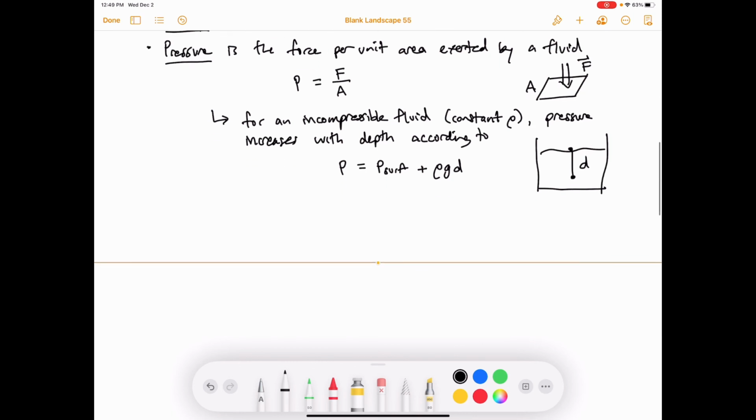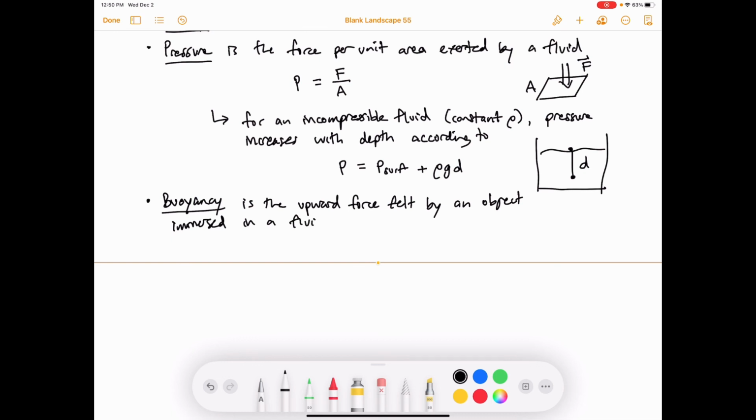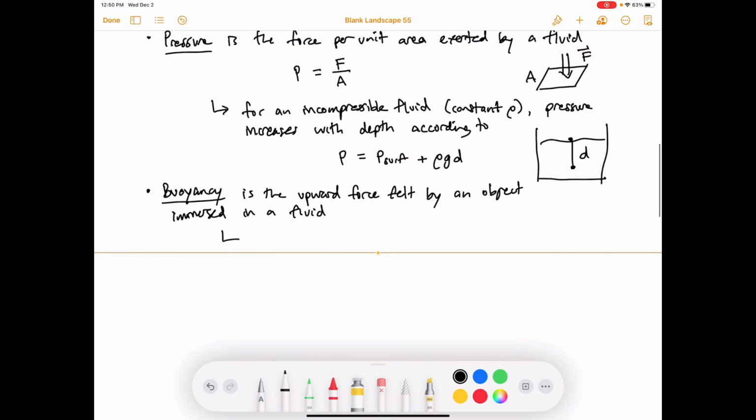Okay, the next thing we want to talk about is buoyancy. Okay, so buoyancy is the upward force felt by an object immersed in a fluid. And we have Archimedes' Principle to tell us how buoyancy actually works.